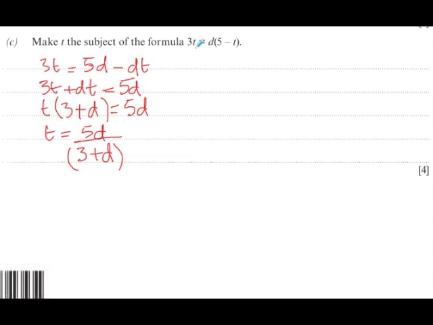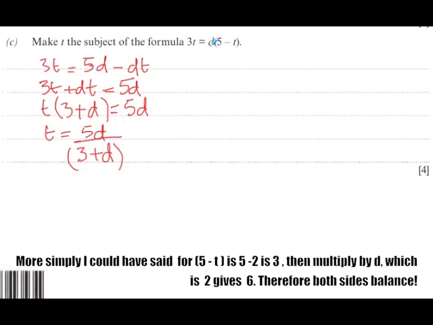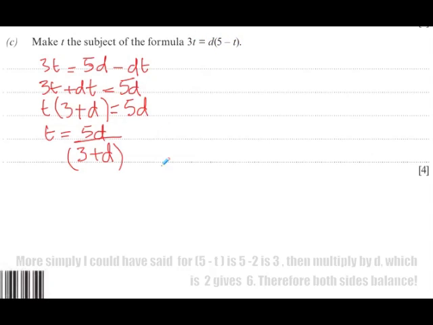So on this side we've got 3 times 2 is 6. On this side we've got 5 times 2 is 10, and d times minus t is minus 4, because you got 2 times minus 2. 10 minus 4 is 6. So you can see both sides balance, and that we've got the answer right.